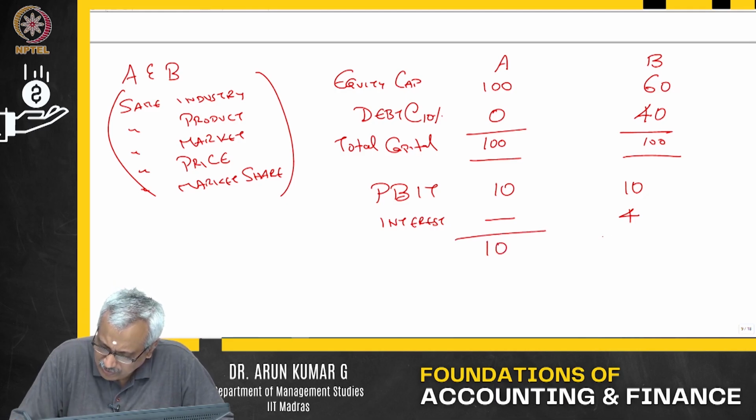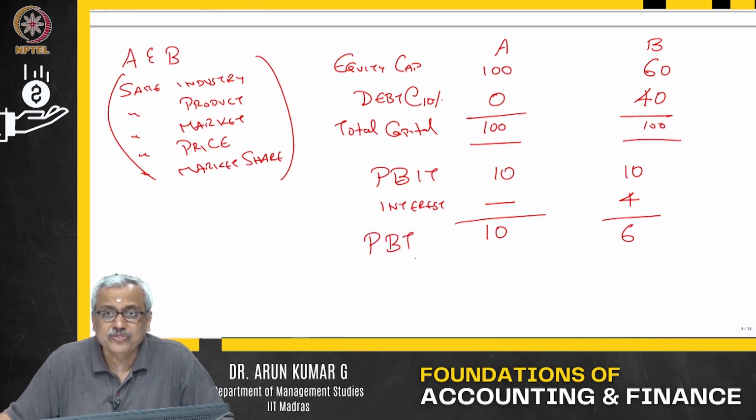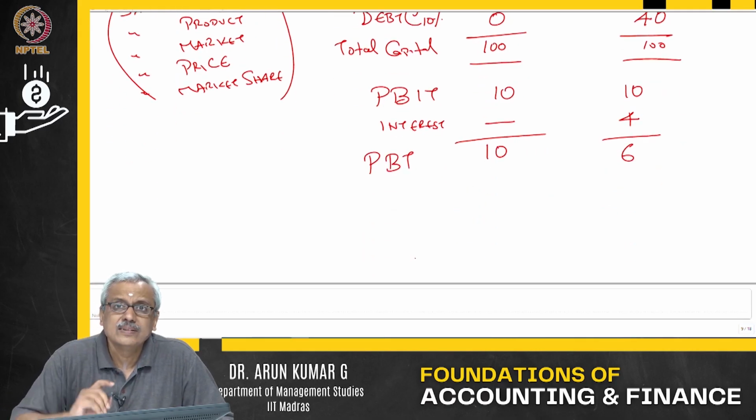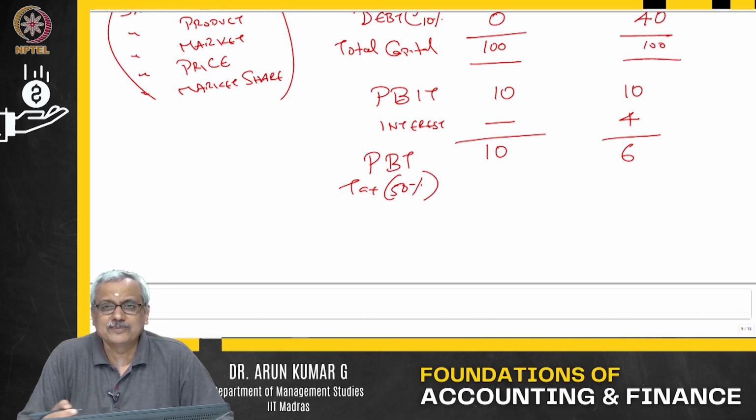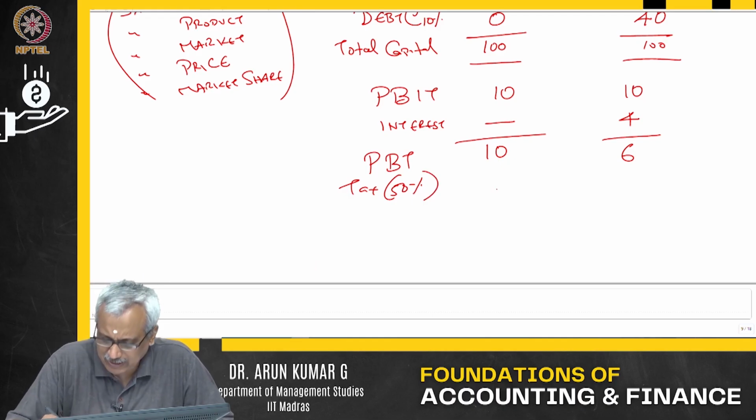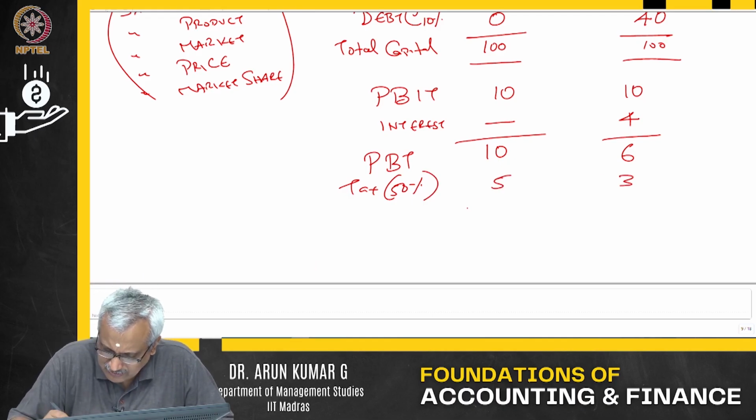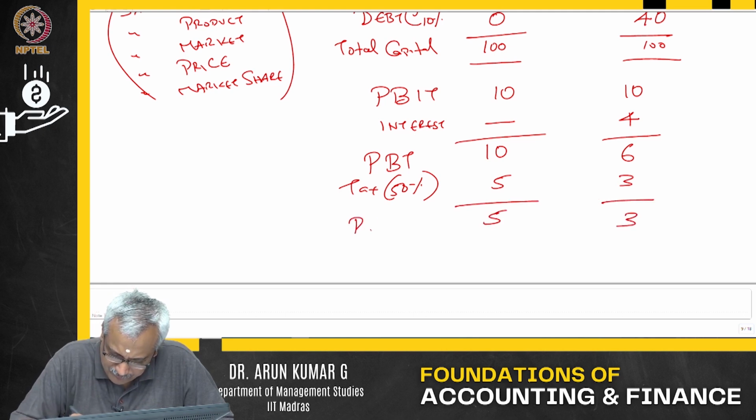Now, what happens? My profit before tax is so much. Again, I love 50% taxes, just for ease of multiplication, $5 gone, $3 gone. My profit after tax is about so much.